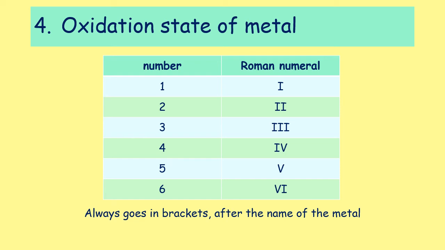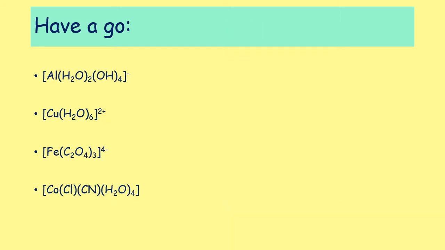But you'll have a lot of negative ones, halides, etc., so they will contribute negatively to the charge of the complex, and you have to use algebra to work out what the charge of the transition metal is, just as in the previous set of lessons where you worked out oxidation state for a transition metal. So here are 4 for you to have a go at.